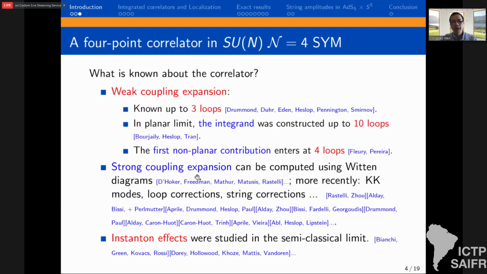At strong coupling, one can compute this correlator using AdS/CFT, even in the early days of AdS/CFT duality. And more recently, there have been a lot of interesting generalizations by including the KK modes, considering loop corrections or string corrections. The non-perturbative instanton effects were studied in the semi-classical limit.